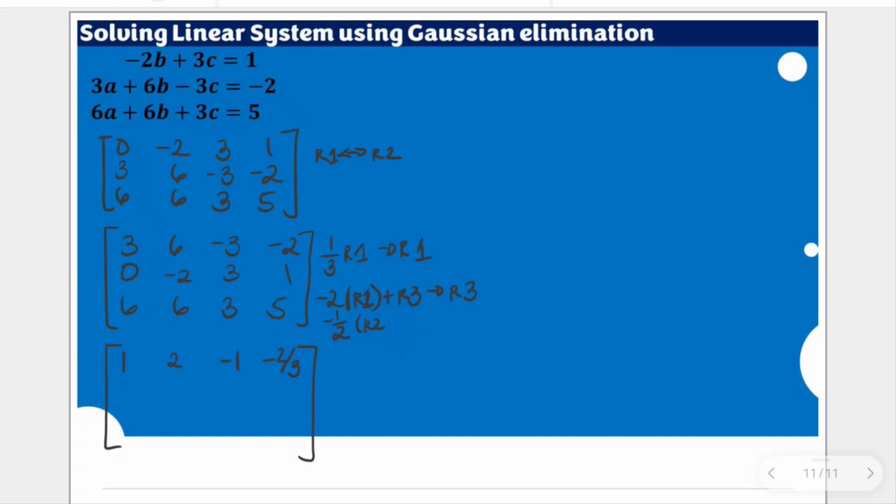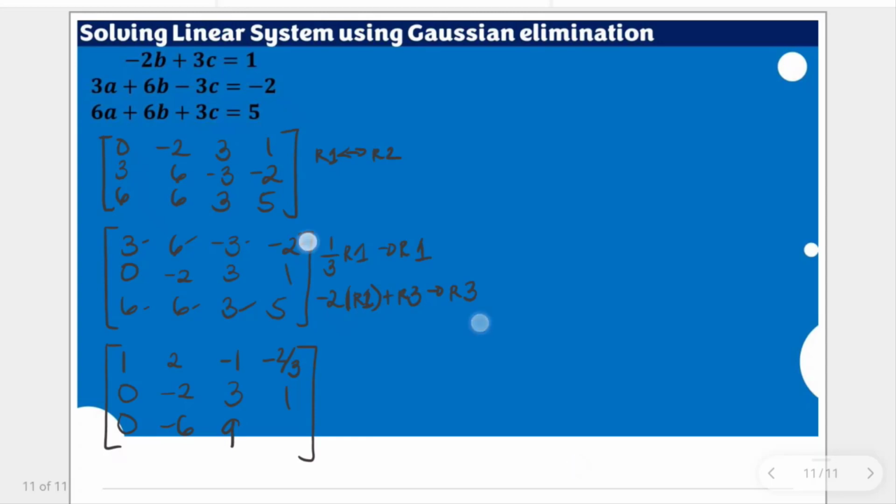So yeah, we're just going to proceed with the previous set of operations. So this is 0, -2, 3, and 1. So this is now -2 times 3 is -6 plus 6, 0. -2 times 6 is -12 plus 6, so you have -6. -2 times -3 is 6 plus 3, I have 9.